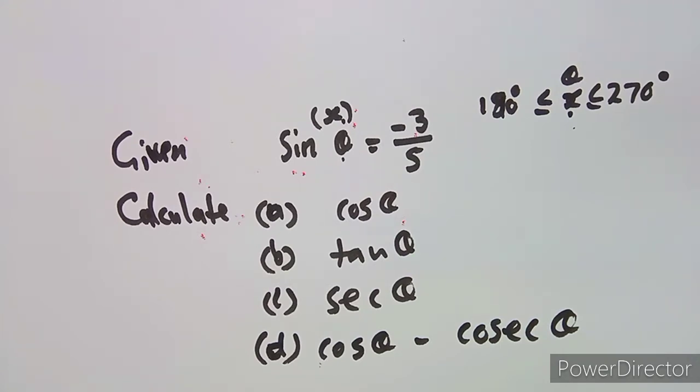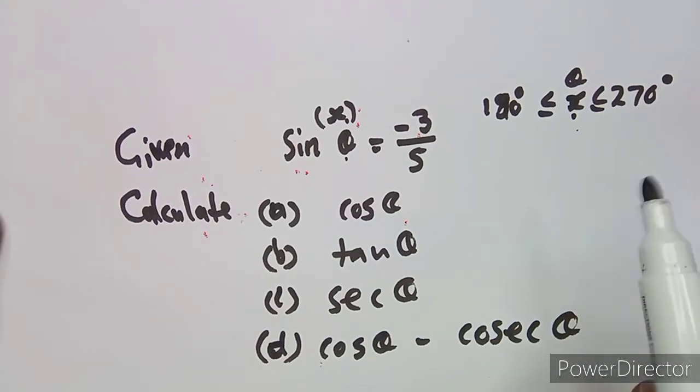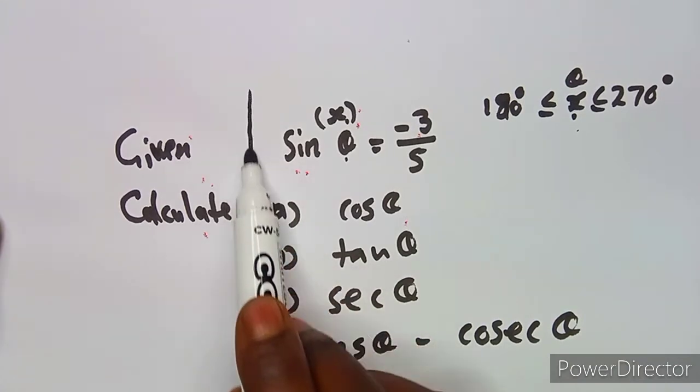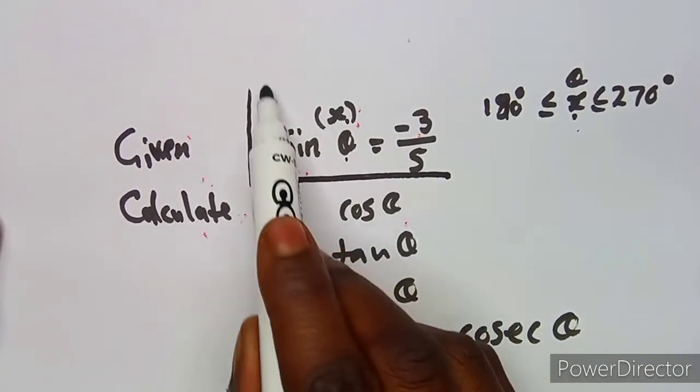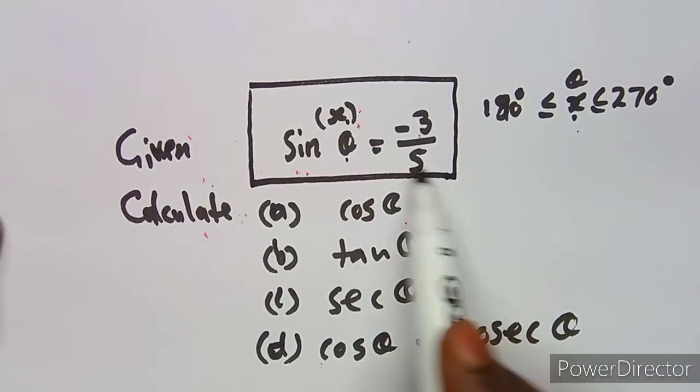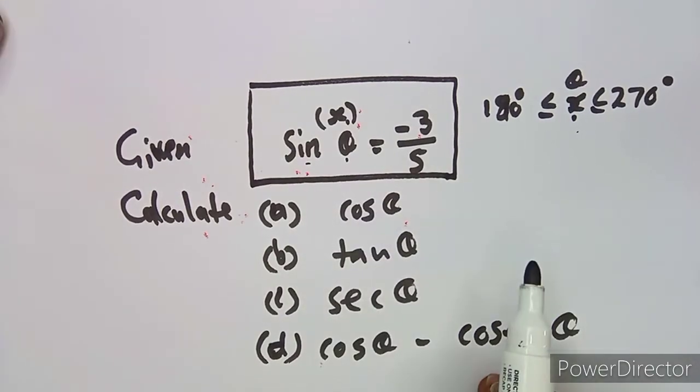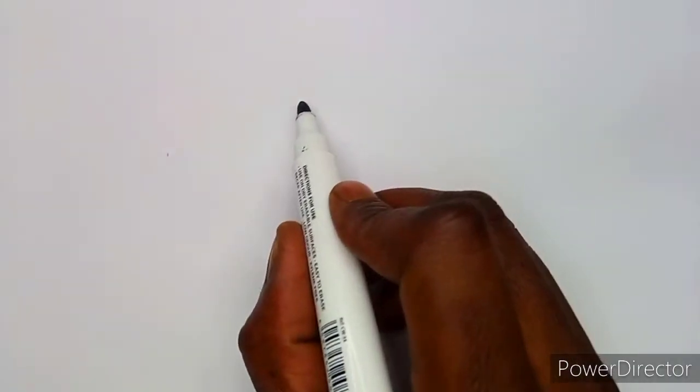All right, this is how you analyze your question, or how you determine the values of the trig, because you are doing this without using a calculator. What you're going to do is, from the part that you're given, you are given a ratio of sine.